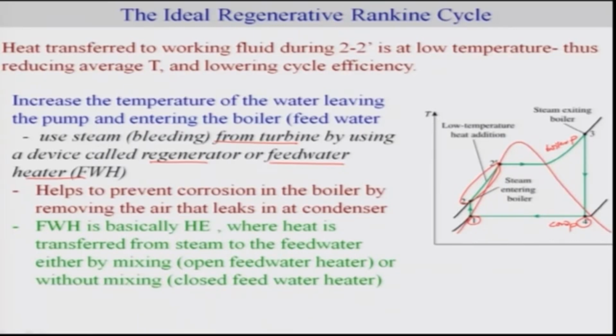One of the key advantages is that you are using some part of the steam itself to increase the temperature of the water entering the boiler. More importantly, it also helps prevent corrosion in the boiler by removing the air that leaks in at the condenser.